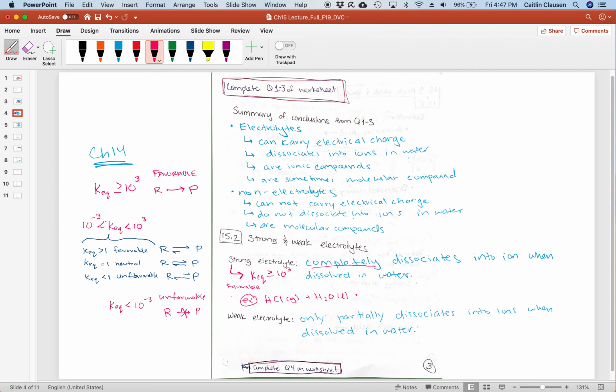And I'm only going to draw a forward arrow because the KEQ is very much greater than 10 to the power of 3. And I'm saying that all that's left when you dissolve this in water is this hydronium ion and chloride anion.